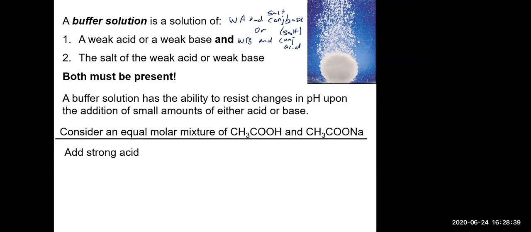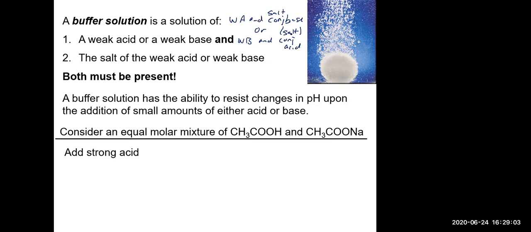And you cannot have a buffer that is made up of a strong acid or a strong base. We're going to talk about why that is in just a second, but it does need to consist of either a weak acid and its conjugate base or a weak base and its conjugate acid. But you cannot have a buffer that is truly made up of a strong acid or strong base.